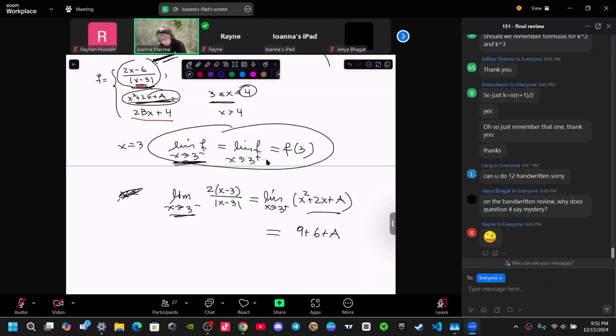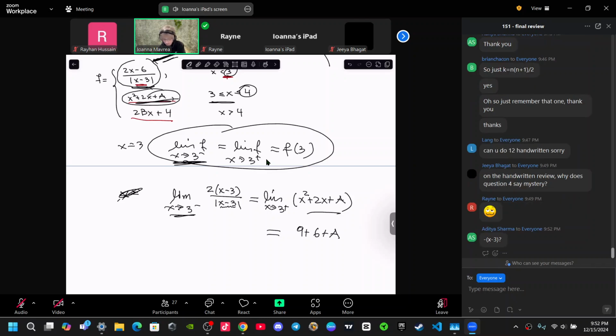If x is less than 3, the quantity inside is definitely negative. So if I want to get rid of the absolute value, what do I have to do in the denominator? The negative, right? So I have to write this. Again, I'm not evaluating the limit yet. I'm simplifying it.